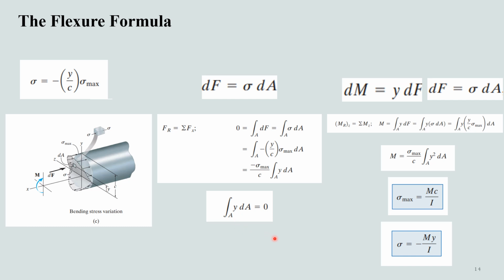Now we can determine the stress in the beam from the requirement that the resultant internal moment M must be equal to the moment produced by the stress distribution about the neutral axis. The moment of dF in this figure about the neutral axis is dF times y, and dF is also equal to stress times differential area.